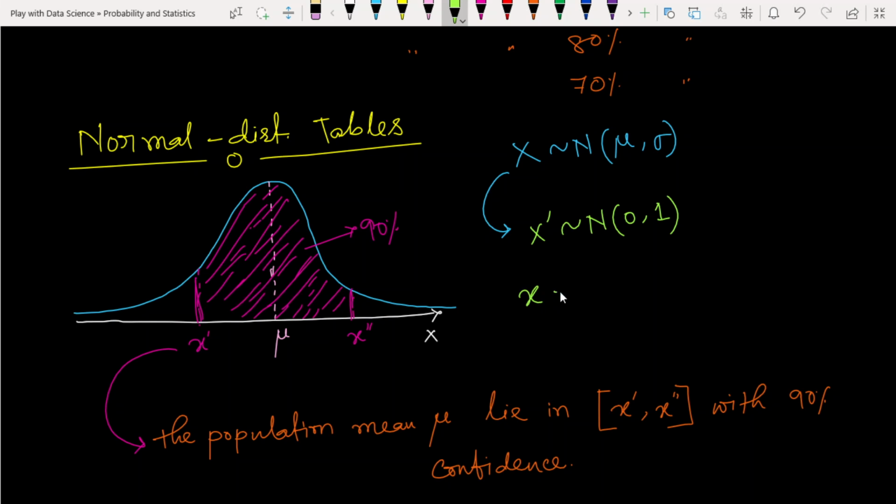Small x equals X dash minus mu divided by sigma, where X dash belongs to our capital X random variable, and small x belongs to the new random variable.